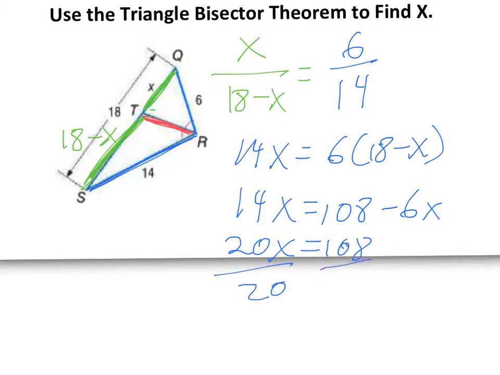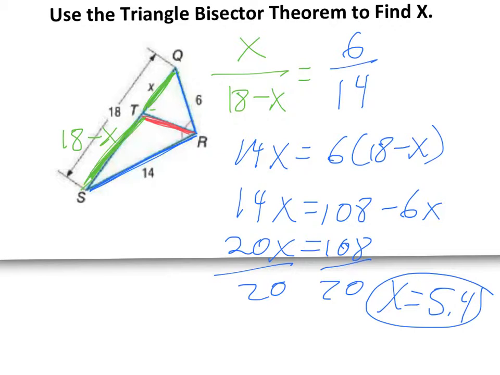Divide by 20, and x, which is what we're looking for, equals 5.4. So that's an example of how to find a missing length of a triangle when we have the angle bisector. All right, you shouldn't have a problem on the assignment looking at those problems. There are some word problems, though, that I do want to go over and look at.